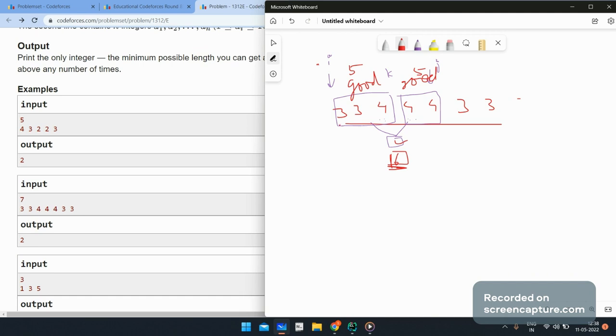Suppose I got this answer as 6. So for this subarray I found the answer, and suppose I know the answer till this array, so I can just add plus 1 to this, right?